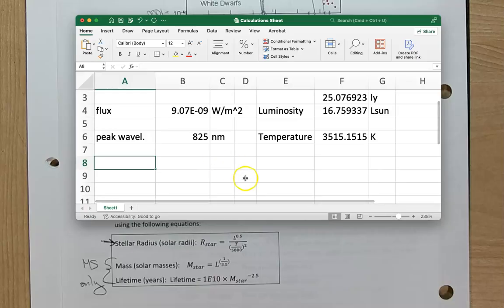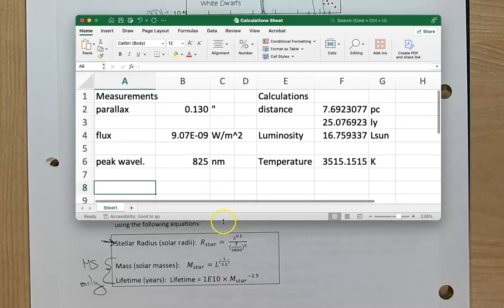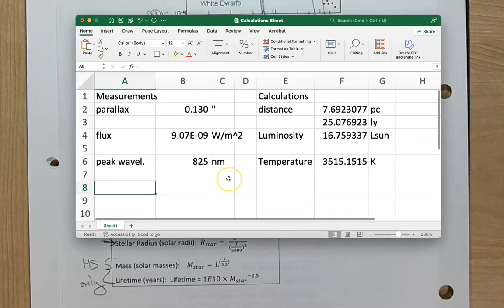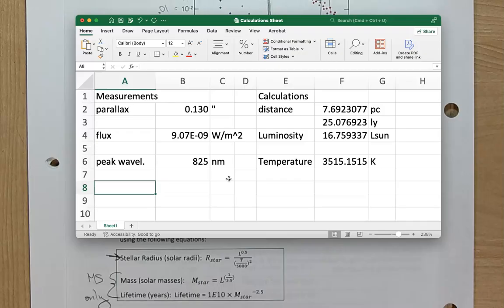Well, let's see. Like I laid out before, I'm going to take my... How should we do this? I think since we're putting our inputs in the left column and our outputs in the right column, the things that we're entering and the things that we're calculating, let's do it like this.